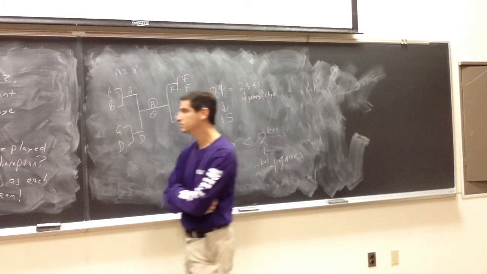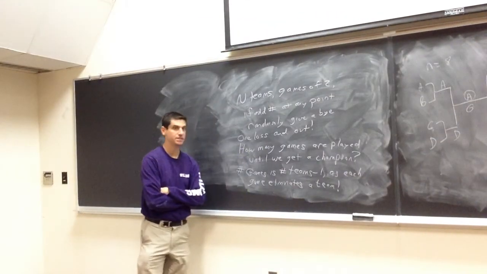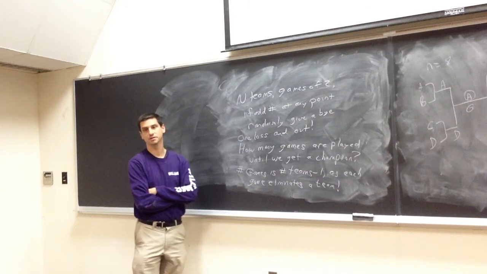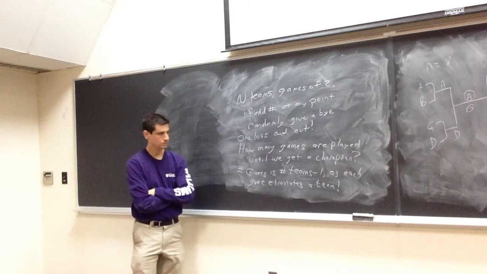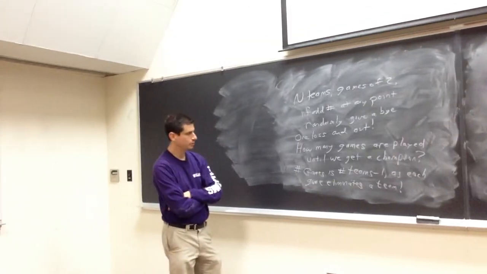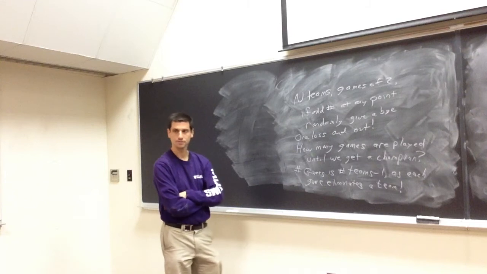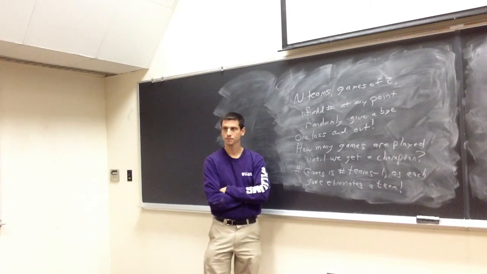You could ask the related question, what is the maximum number of games a specific team plays before a winner is declared? That's very different. So the question is, what would you call the monoinvariant here? I might call it the number of teams left.